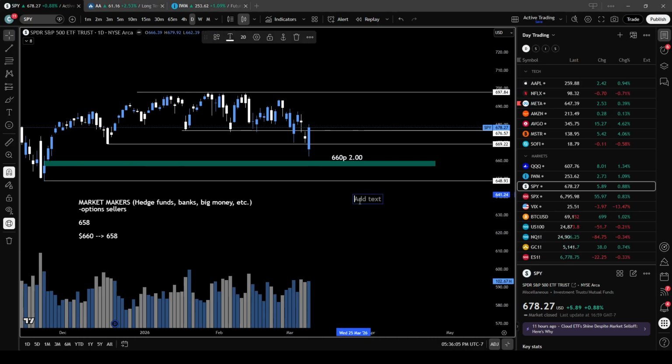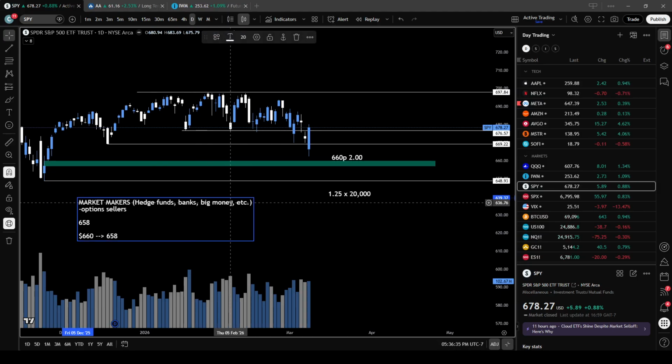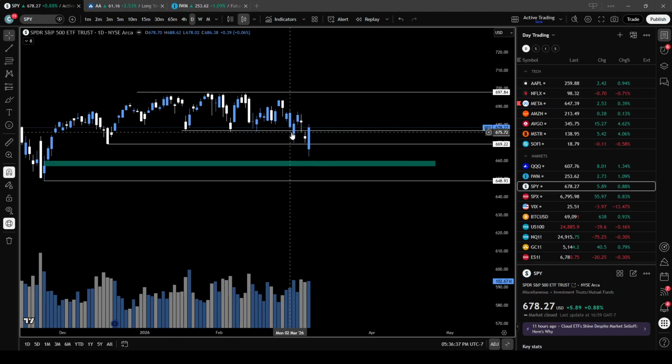So if you have $1.25 per contract and there's 20,000 of them, what is that? That's $125 times 20,000. That's $2.5 million worth of options that just went to dust, and they collected the premium off of it by not letting it get past 660. And that's why you'll see it on OPEX on Fridays.